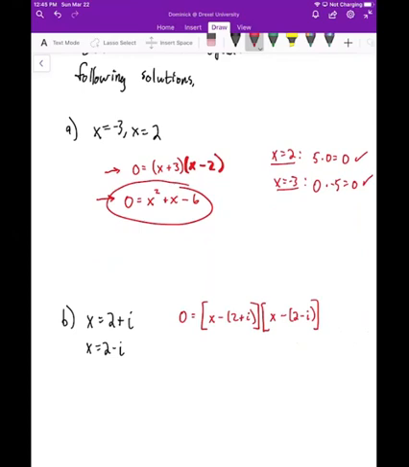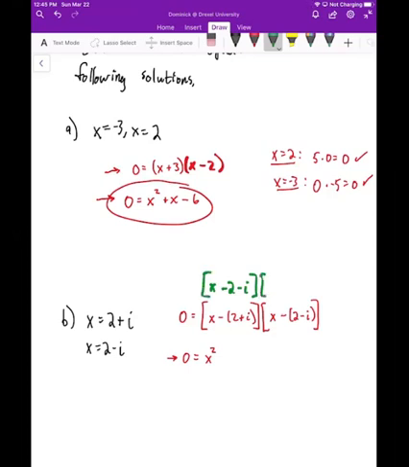And of course, we could FOIL this out just like we did before. And if we do that, we will get x squared. Now here, of course, we have to be a little bit careful. In fact, let me write above here that you have x minus 2 minus i, if you distribute that negative.